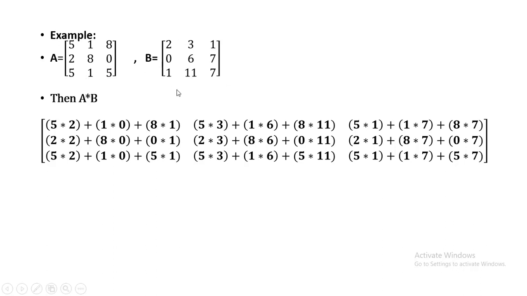Now third row first column, third row second column, third row third column. Now you can see 5 multiplied by 2 plus 1 multiplied by 0 plus 5 multiplied by 1. Then 5 multiplied by 3 plus 6 multiplied by 1 plus 5 multiplied by 11. Then 5 multiplied by 1 plus 1 multiplied by 7 plus 5 multiplied by 7.